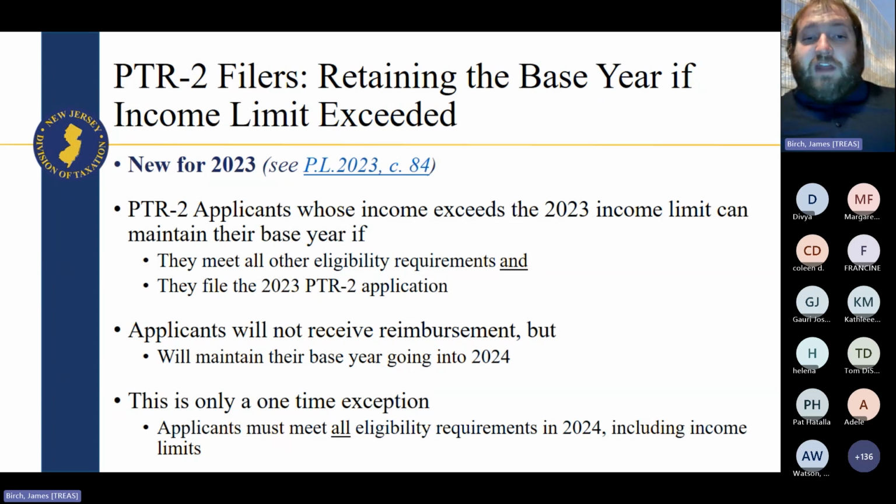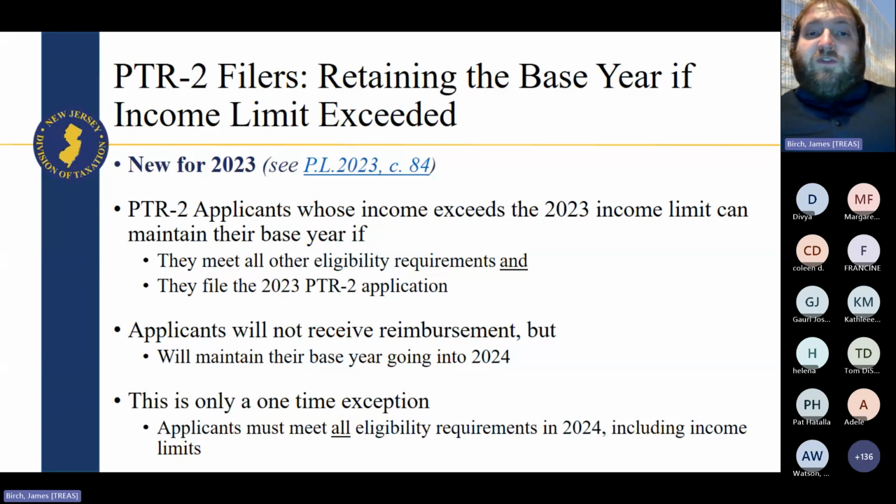If they do not file an application, they will be basically kicked out of the program, and they will have to start over again. But that's something that has to be done regardless of whether they exceed the income limit or not. They always have to file each year to remain in the program. Now, if they do exceed that income limit, they're not going to receive a reimbursement because they went over that one guideline.